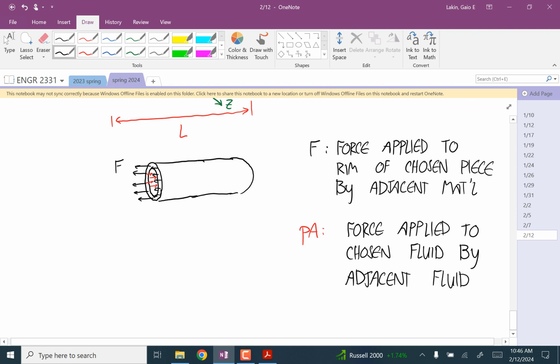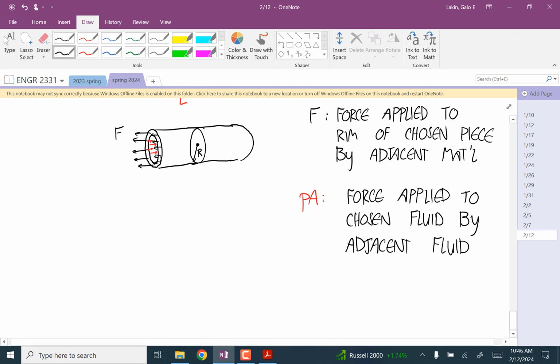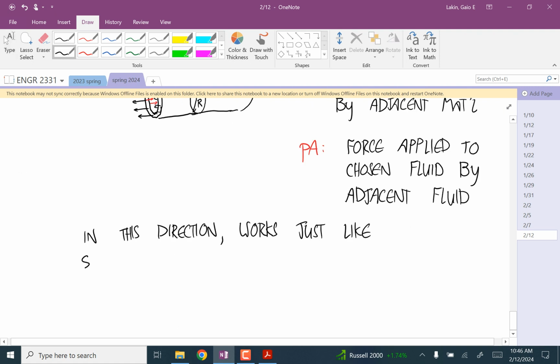Okay, well, thinking about it this way, R is going to be the radius of this cross section, and everything is going to work out exactly like it did in the circular case. So in this direction, it works just like the spherical vessel.